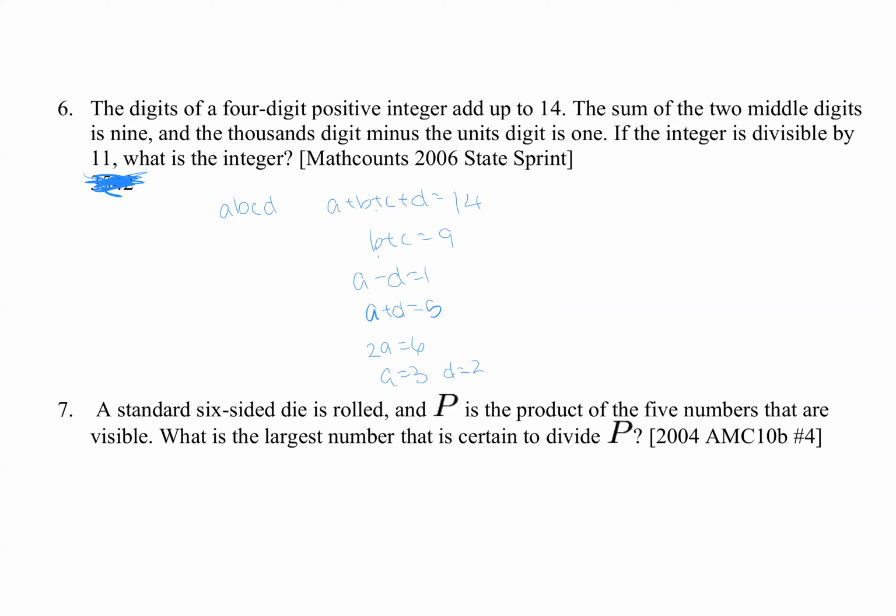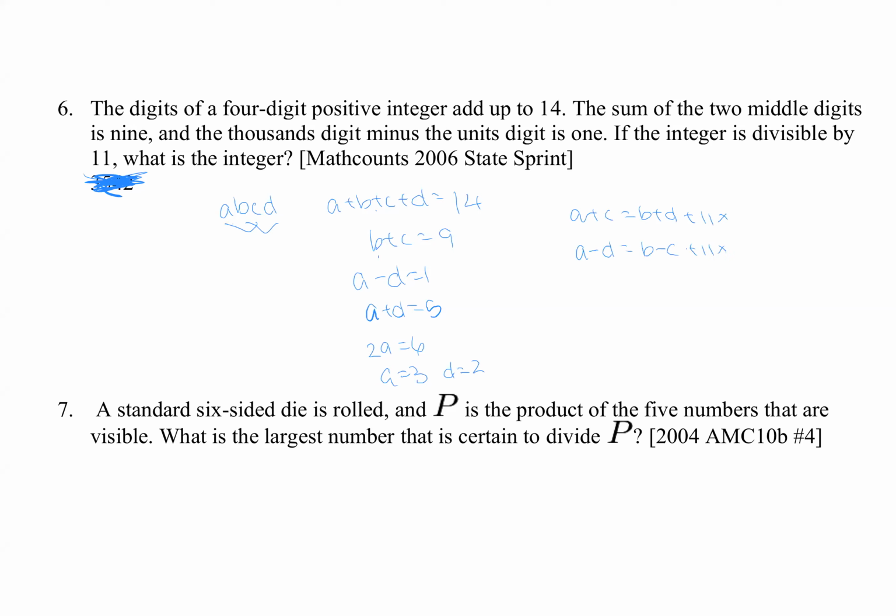Okay, and now using the divisibility rule of 11, we know that A plus C equals B plus D plus 11x, right? But we know that A minus D equals B minus C plus 11x.